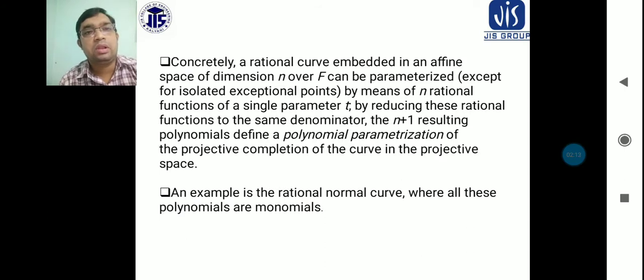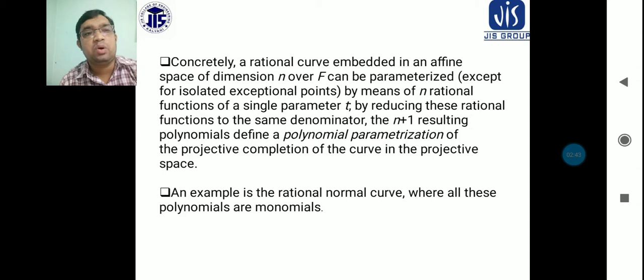Concretely, a rational curve embedded in an affine space of dimension n over F can be parameterized, except for isolated exceptional points, by means of n rational functions of a single parameter t, by reducing these rational functions to the same denominator.